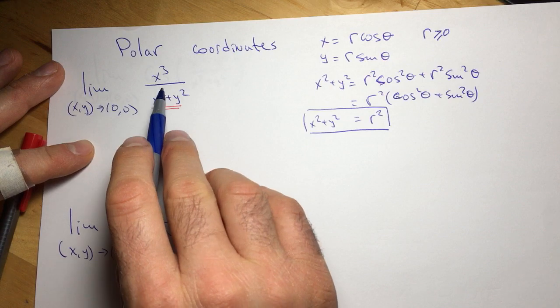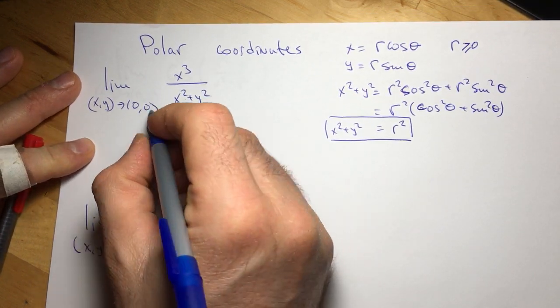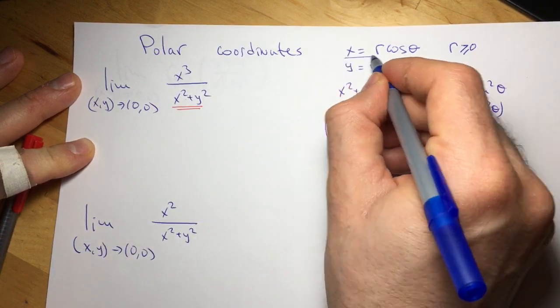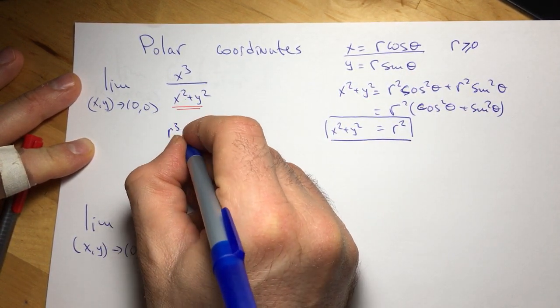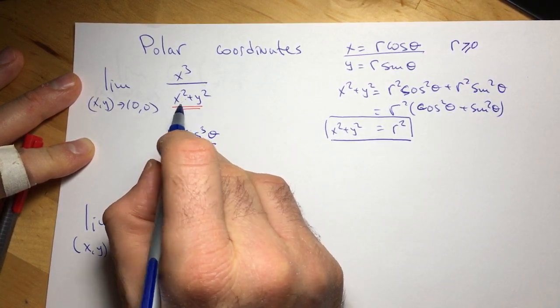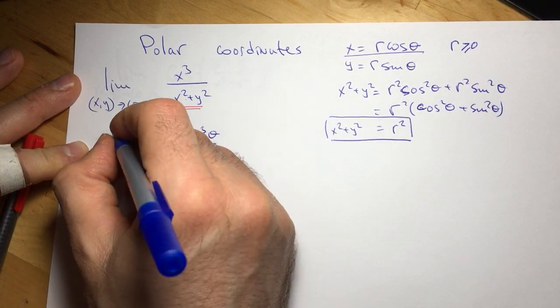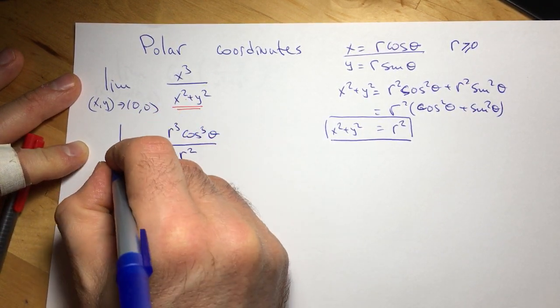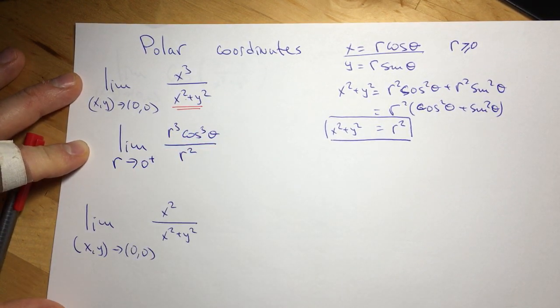So let's see how this function is going to look when we switch to polar coordinates. So x is r cosine theta. That means that x cubed is going to be r cubed cosine cubed theta over x squared plus y squared, which is simply r squared. Now when we switch to polar coordinates, r approaches 0 from the right.